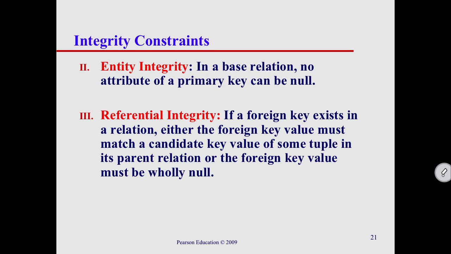We don't want dangling pointers in C or C++, and we don't want dangling foreign keys in our database. So that's what referential integrity is. Either your foreign key is all nulls, or it is matching a candidate key in some other relation. I know it says candidate key, but in practice, it's generally matching a primary key.